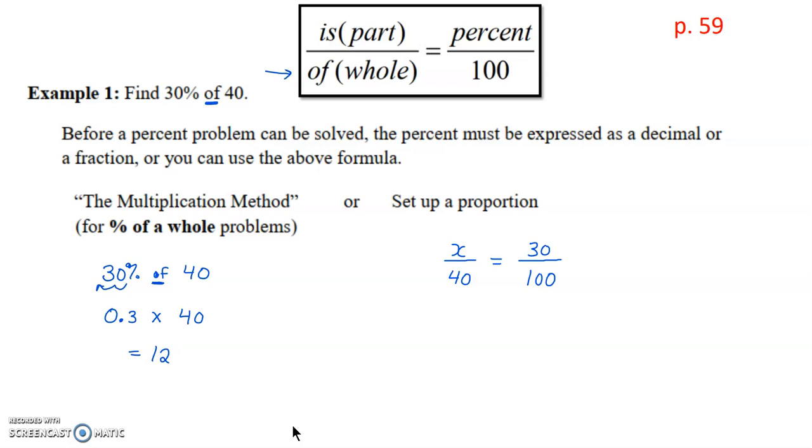And now we have a proportion where we can cross multiply and divide. So we can take 40 times 30, which is 1,200, and then we can divide by 100. So we can cross multiply and divide, getting the answer of 12. So x, or 30% of 40, is equal to 12.